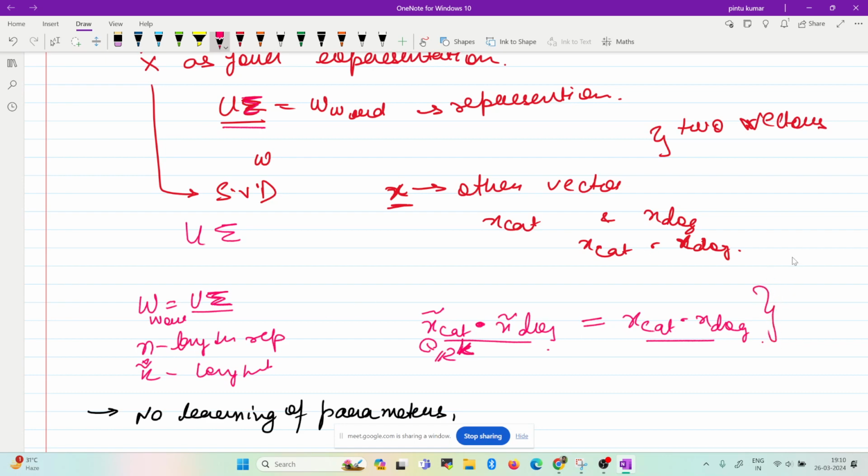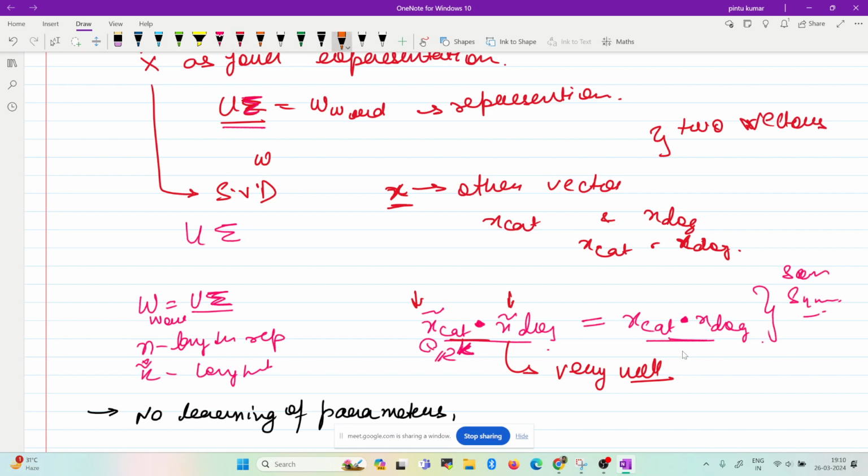If you recall the first two tasks that we had, semantic or synonym detection, they only depended on the dot product. So if you use these representations on these kinds of tasks, you will still do very well. This is the point that I'm trying to make.